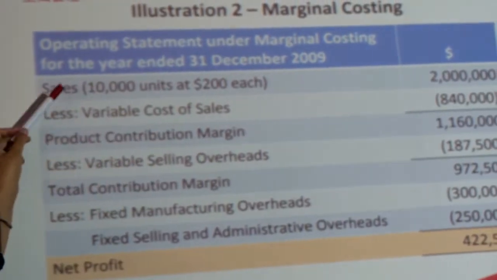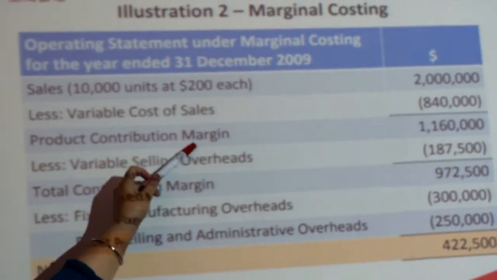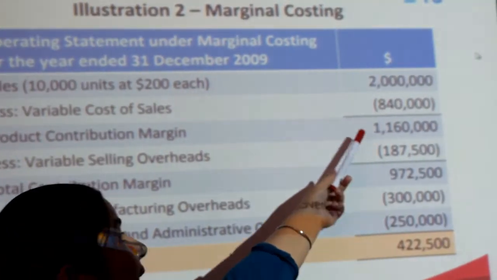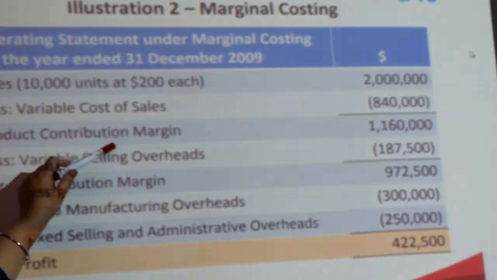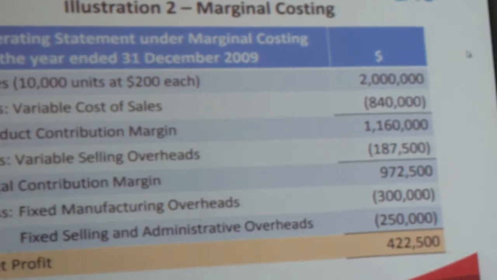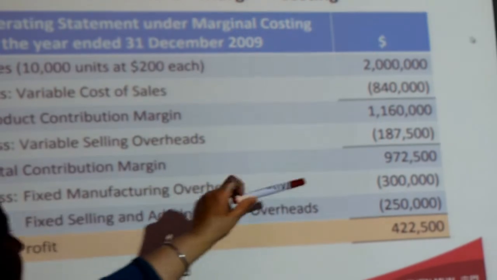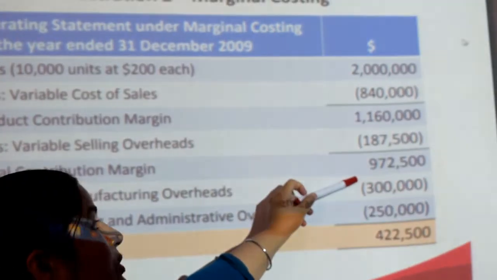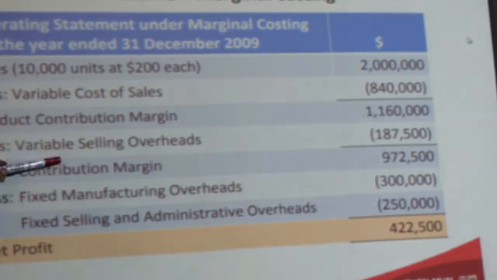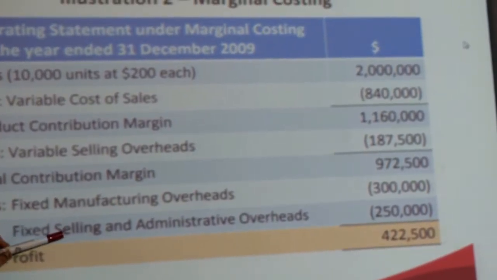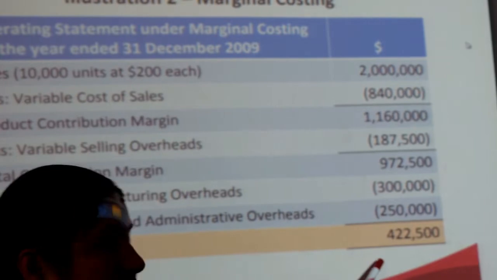So sales, take away variable cost of sales, which we have already calculated as the total product cost. We take that out, it gives you contribution. You take out the other variable costs. It gives you the contribution margin after taking out all the variable costs. And the final bit, you take out your fixed cost, and it gives you a net profit.